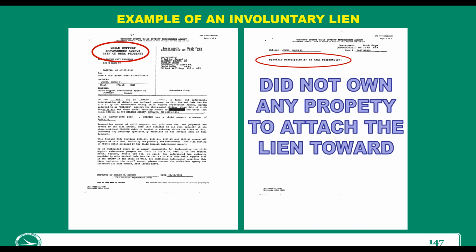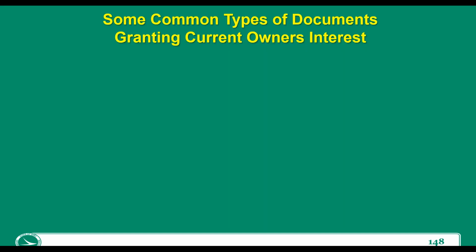But this is filed, and to my knowledge, if he ever buys a piece of property, it automatically attaches to it. So we need to be very clear on all that. Obviously, this one would not affect what we're doing, but I wanted to give you an example.